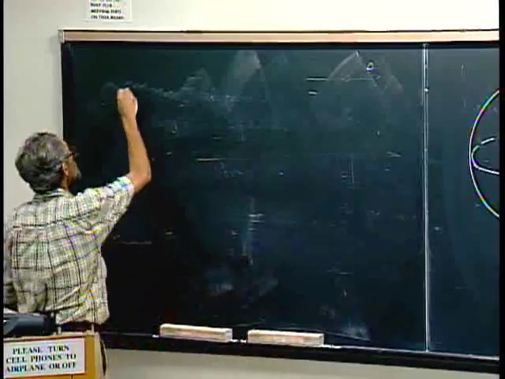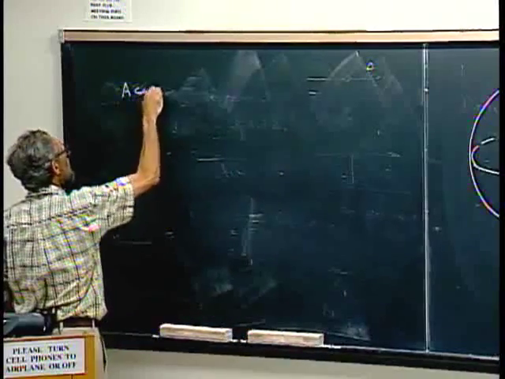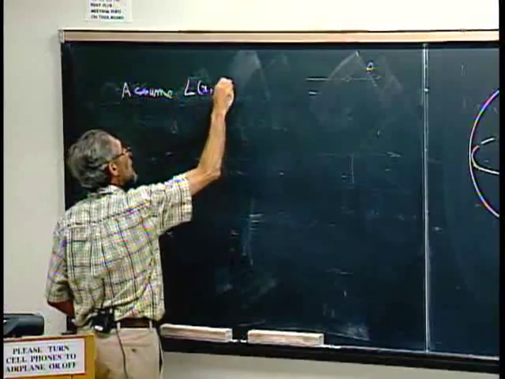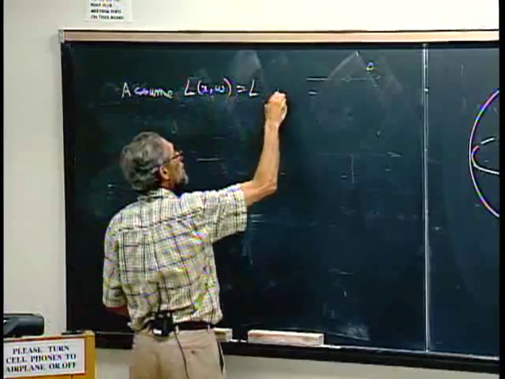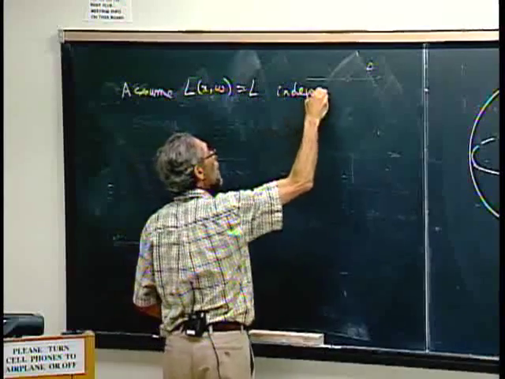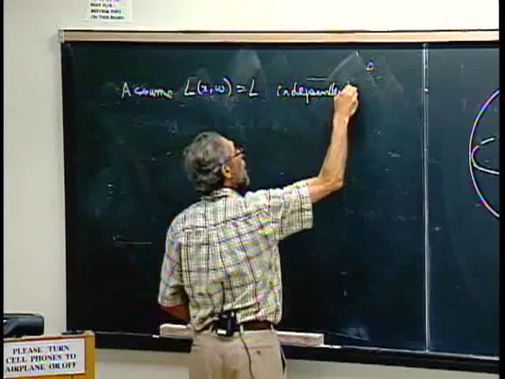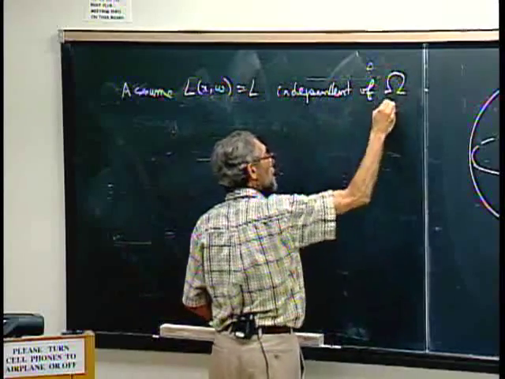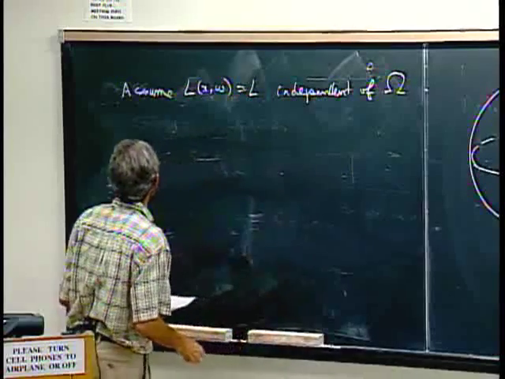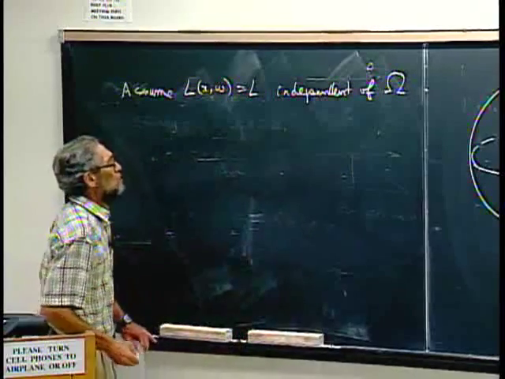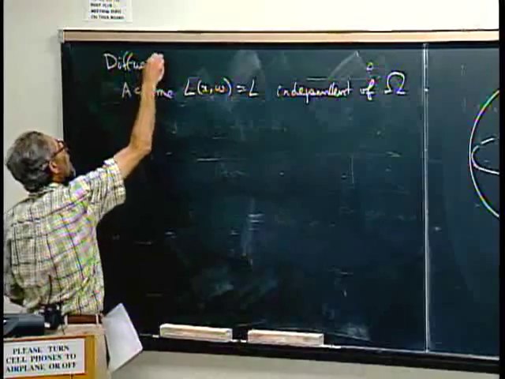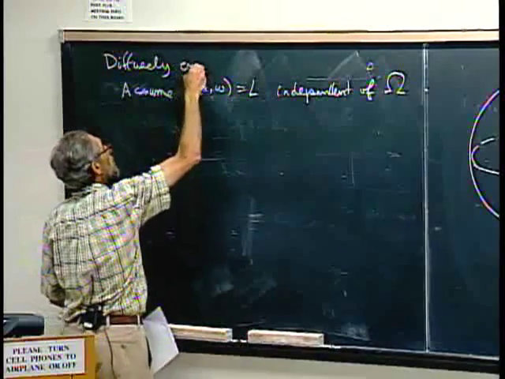Now I want to assume the light at position X and direction omega is just a constant L, independent of omega. So this is for a diffusely emitting surface.